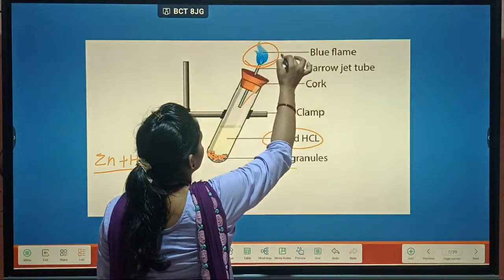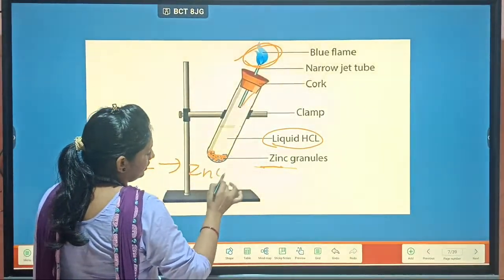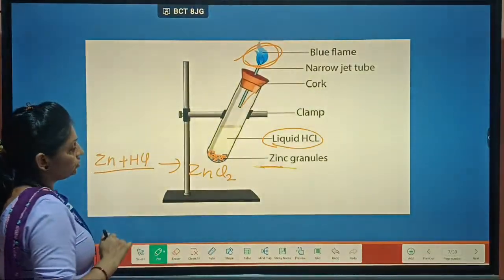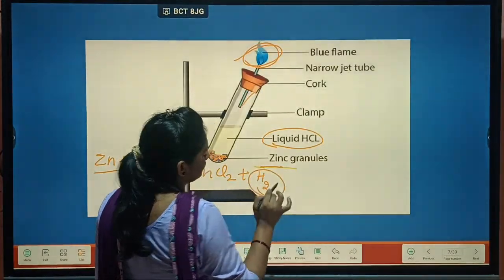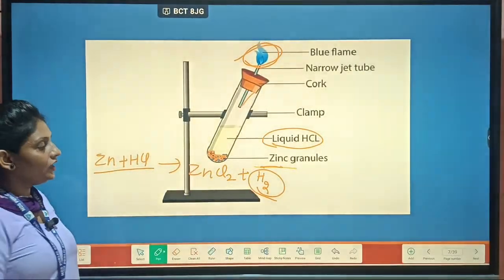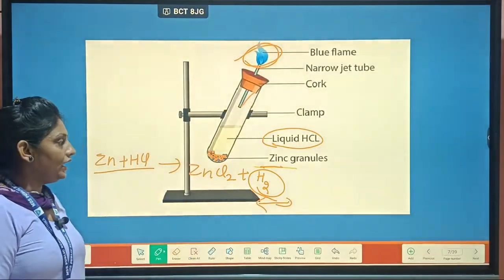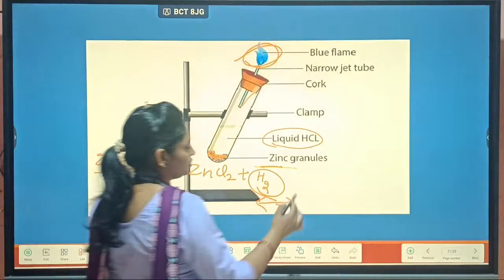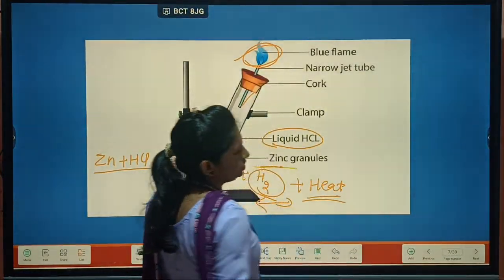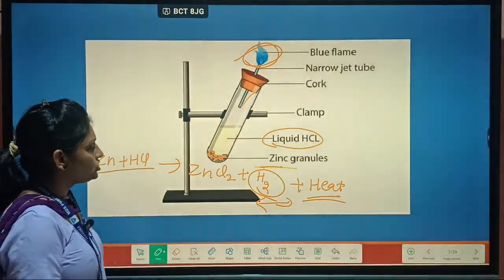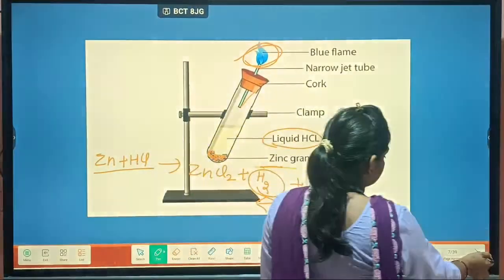Flame production takes place because of the formation of ZnCl2 plus evolution of gas. Hydrogen gas formation takes place here. And it produces some heat also, students. So we can take this example in change in temperature as well as in evolution of the gas.